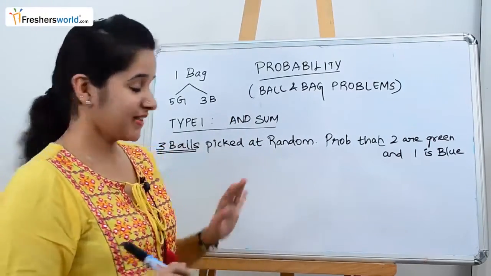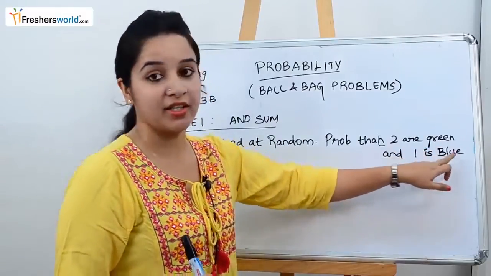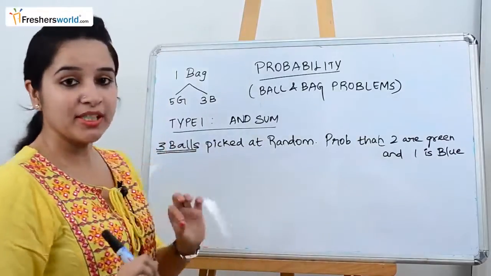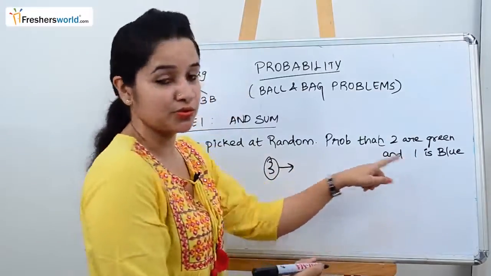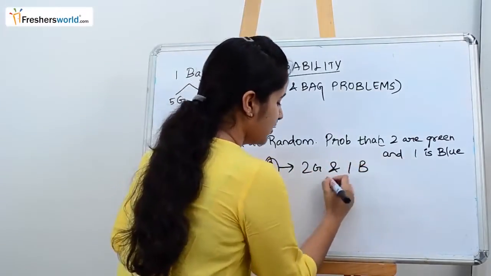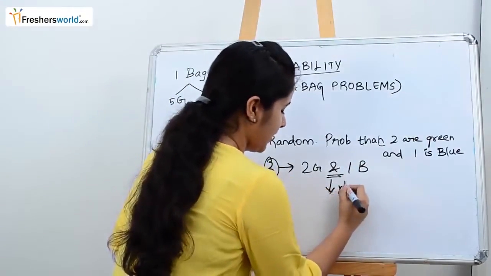The question has 3 balls picked at random, probability that 2 are green and 1 is blue. So the total number of balls chosen is 3, out of which we need to choose 2 green and 1 blue ball. Immediately when you see AND, multiply the answer.